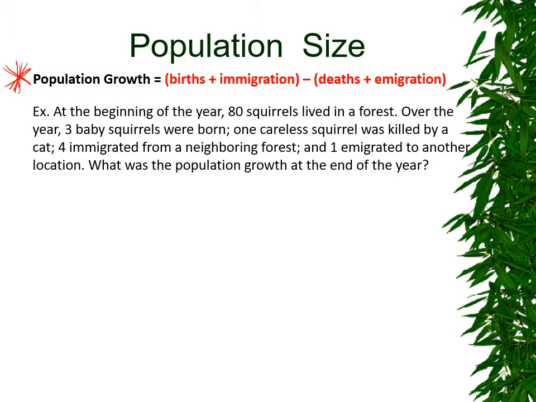In this particular example, the beginning population is 80 squirrels. Over the year, 3 baby squirrels were born, 1 died, 4 immigrated in from a neighboring forest, and 1 emigrated.